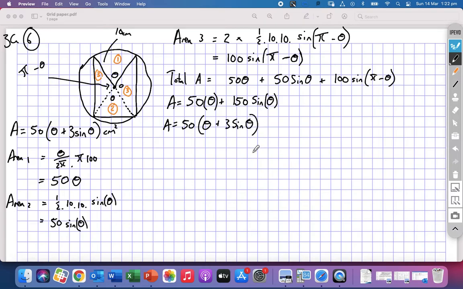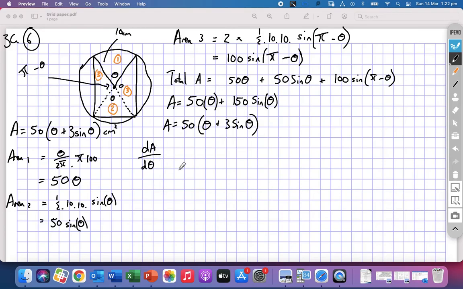It took a little while, but that's because I'm talking about it so much, working through it slowly. So now we need to differentiate. Surprise, surprise. Who would have thunk it, doing differential calculus? When you write it, we're looking at the rate of change of area with respect to theta, so write dA d theta.